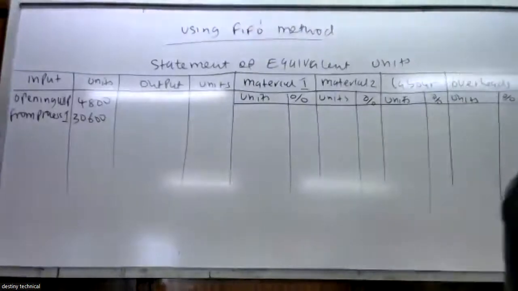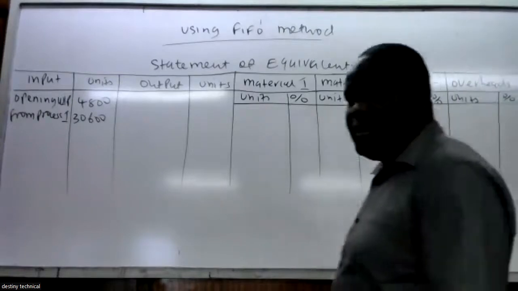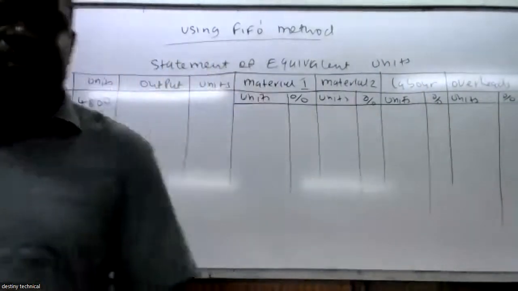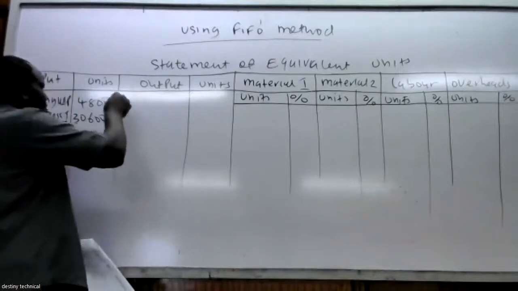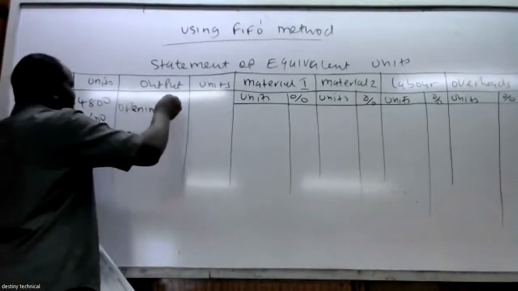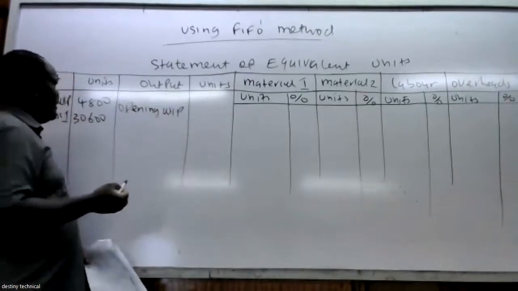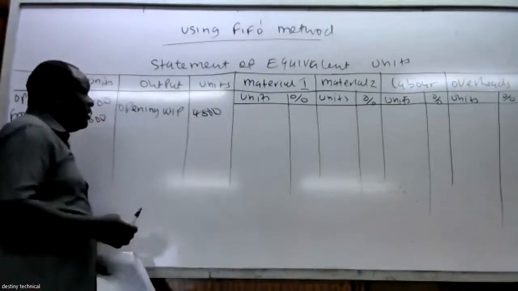When it comes to the side of the output, we shall start again with the opening work in progress, that same opening work in progress of 4,800.